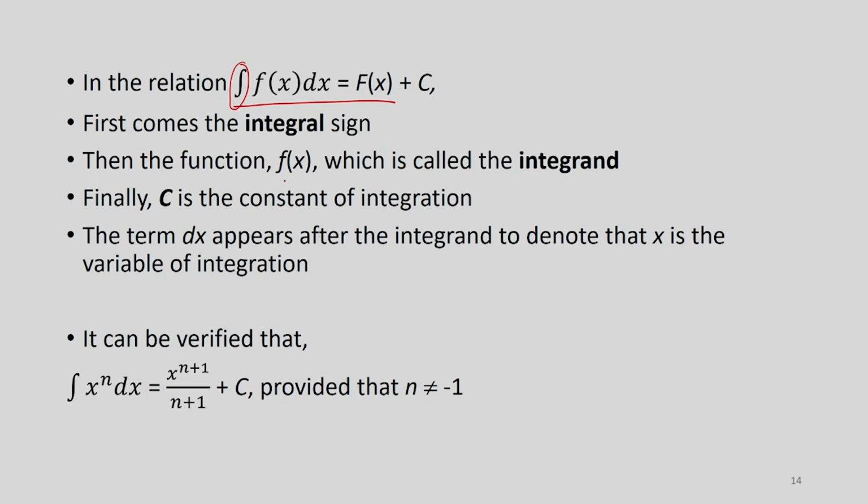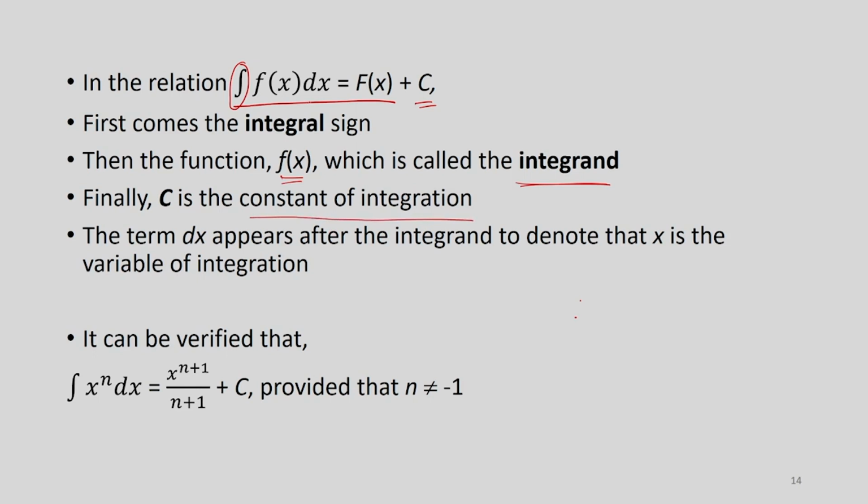Then the function small f(x) occurs, and this is called the integrand, the function which has to be integrated. And finally, you have the c term on the right hand side, which is called the constant of integration.